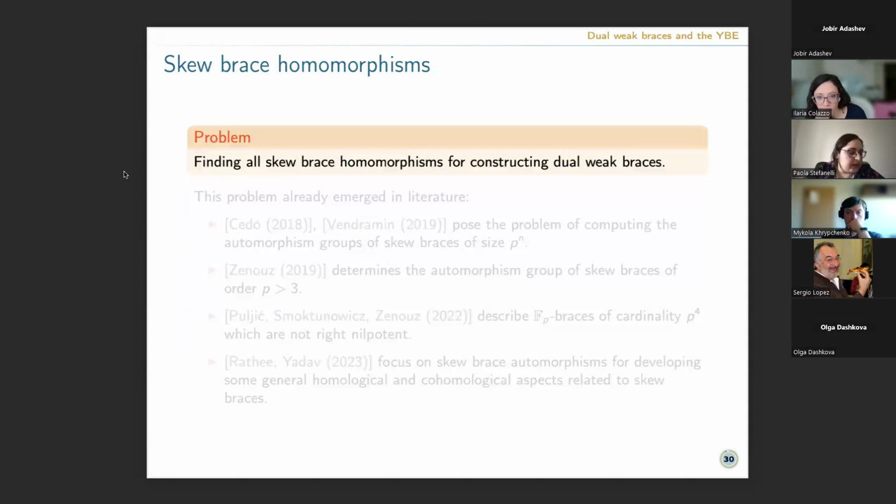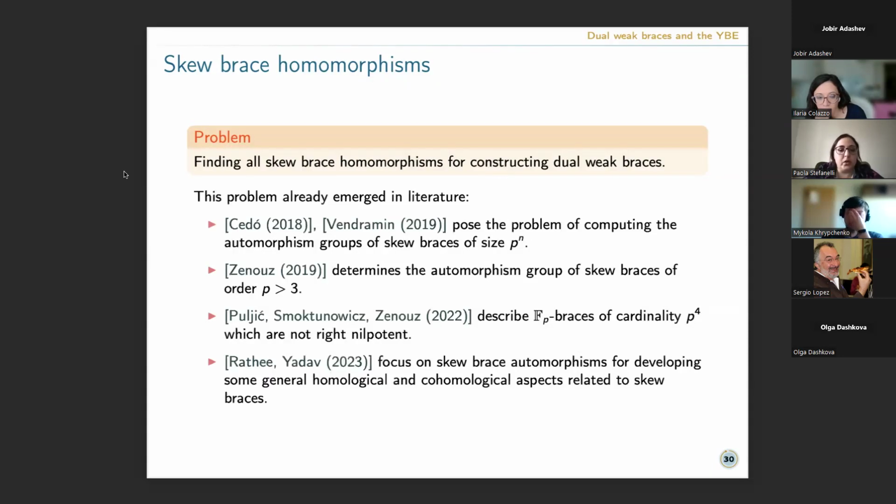So it is clear that it is important to find all skew brace homomorphisms for constructing dual weak braces. And it is not surprising that this problem also emerged in the literature for other reasons. In particular, Sedo and Vendramin posed the problem of computing the automorphism groups of skew braces of size p to the n. Zenuts, Pujic, Smuktonovic, and Zenuts use some description of certain automorphisms of skew braces for describing, for instance, skew braces of cardinality p^4 with certain properties.